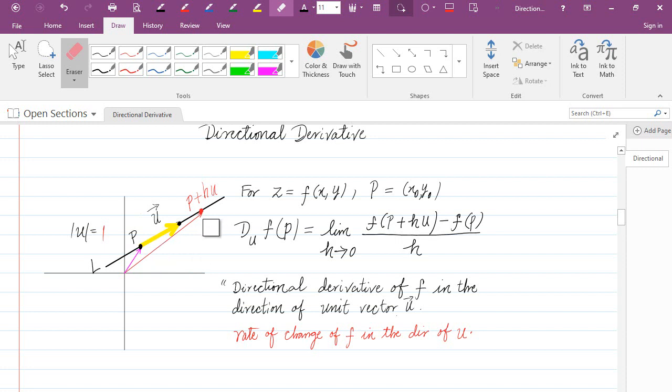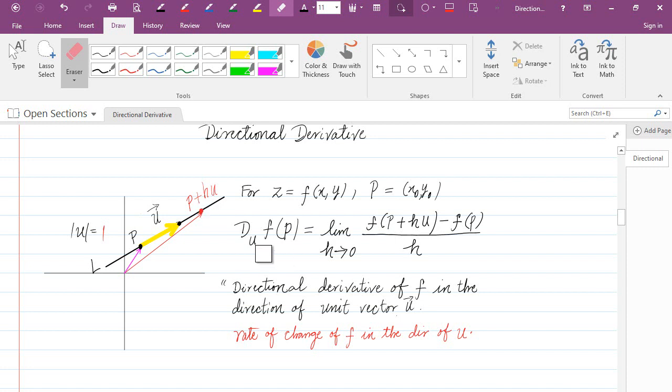Now, an arbitrary point on the line L can be expressed as P plus a scalar multiple of u. So the red point here is an arbitrary point on the line, and it is P plus a scalar multiple of u. So an arbitrary point on the line can be written as P plus hu, where h is a scalar.